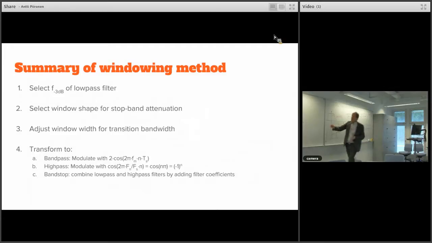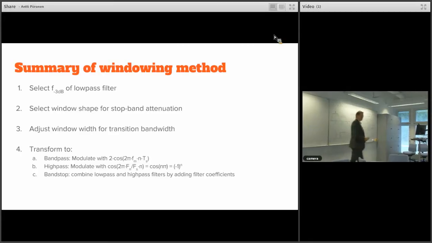Transition bandwidth is just taking more points into that impulse response, and then just at the end do the modulation, okay, or band stop, combine the filters.